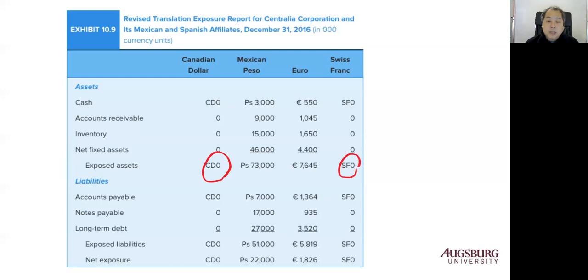Additionally, this table shows that the net exposure has been reduced from 25 million pesos to 22 million pesos, and on a euro basis from 2.101 million euros to 1.826 million euros.